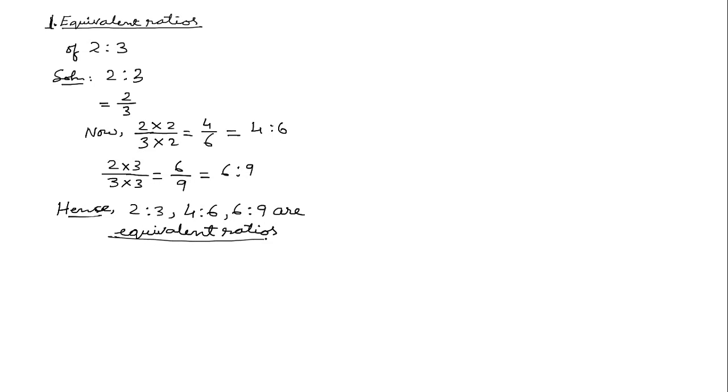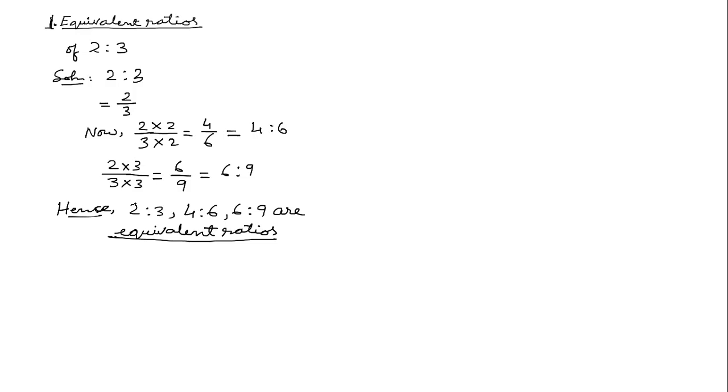So see here, how? By converting the ratios into fractions, and then how we found out, if you remember, the equivalent fractions. Similar is the case here. We will multiply numerator and denominator by the same number, or divide numerator and denominator by the same number.